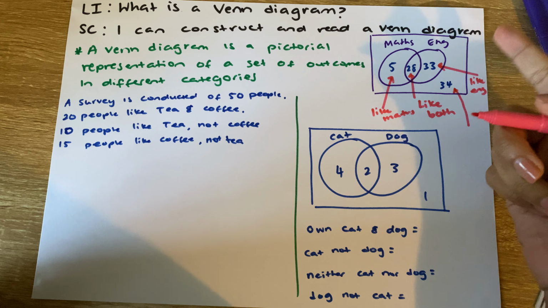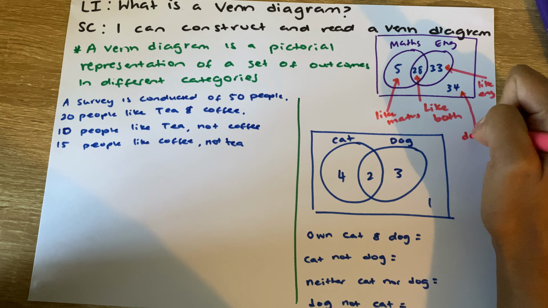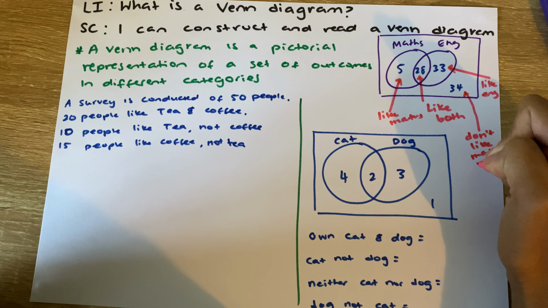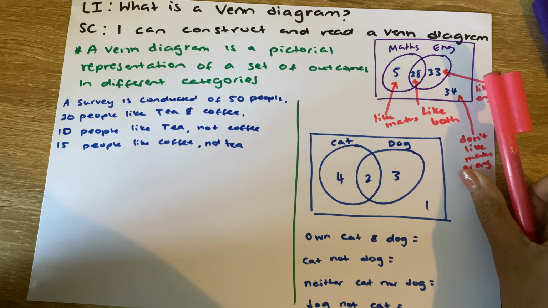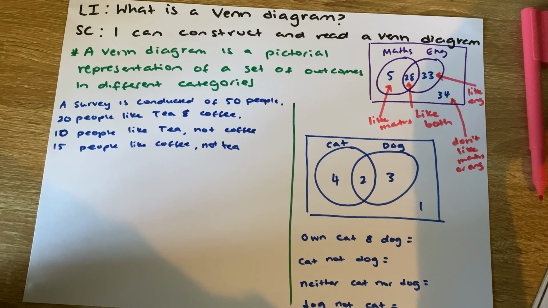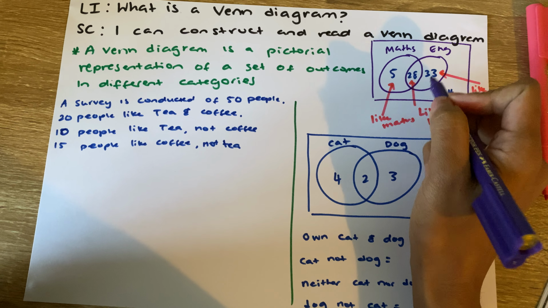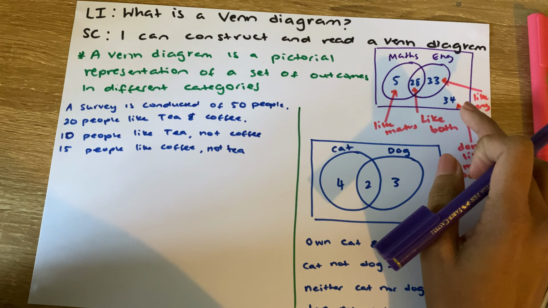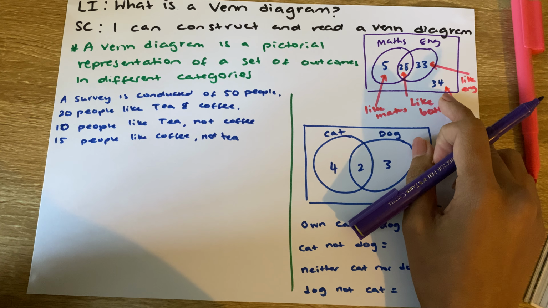So it doesn't like maths or English, okay? So don't like maths or English. Okay, so in our Venn diagram, we can see what is similar between our two categories, what is different between our two categories, and what doesn't fit in our two categories at all.